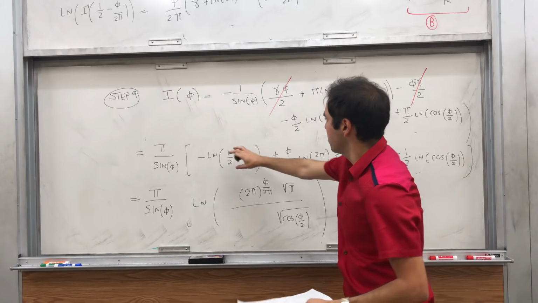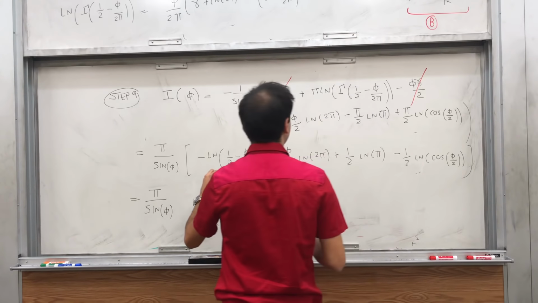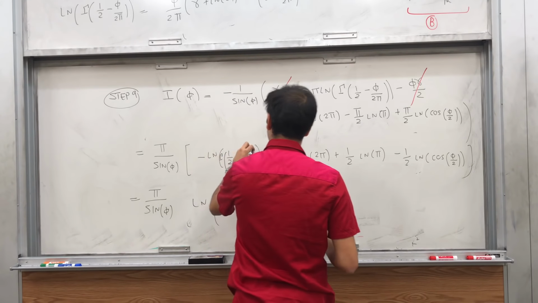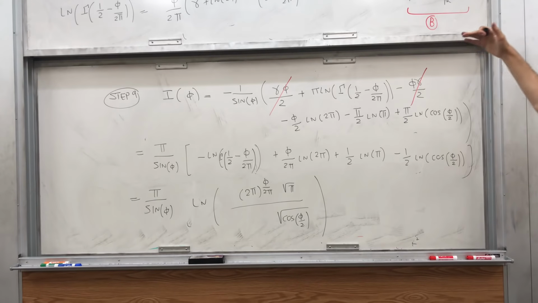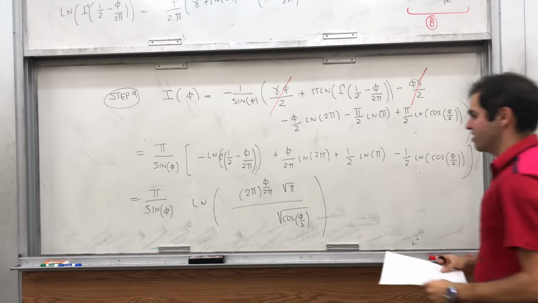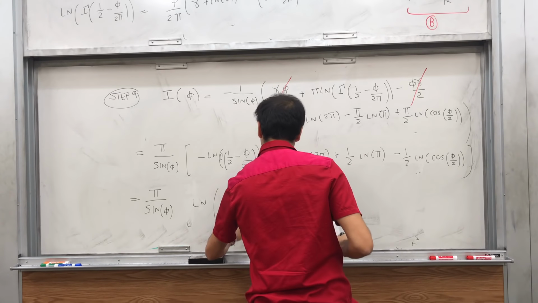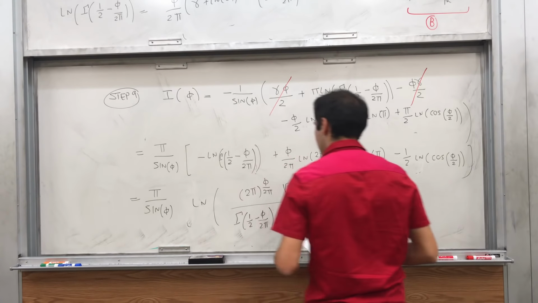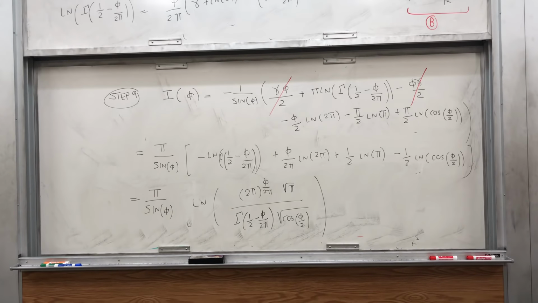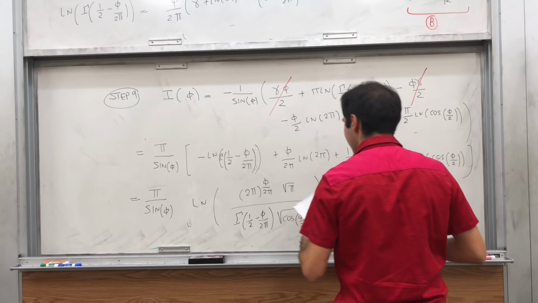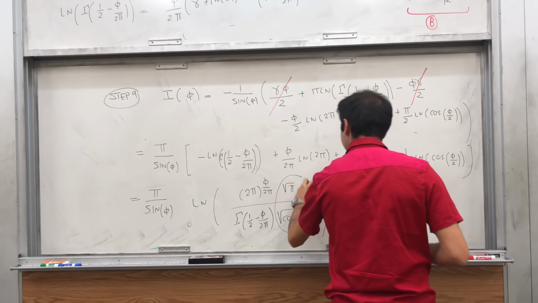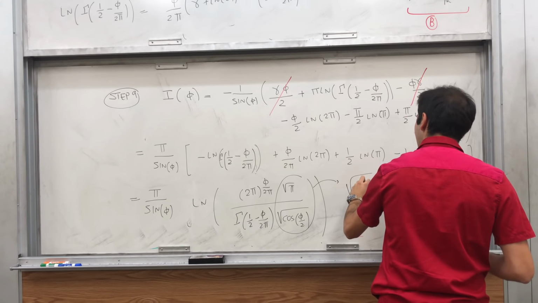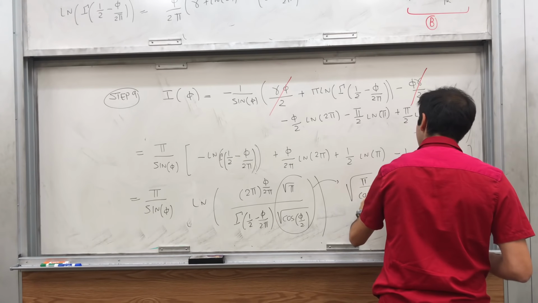And lastly, this thing becomes, I forgot the gamma. Where did it go? And then we get 1 over gamma function of this, 1/2 minus phi over 2 pi. So this whole thing is an ln, but the nice thing is there is a kind of nice simplification here. Because notice this is, if you want, square root of pi over cosine of phi over 2.